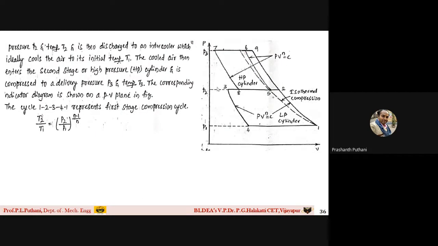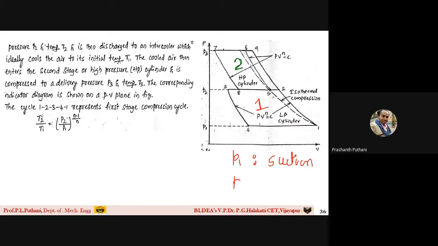Yes, as I was saying to you students, please observe this PV diagram, everybody. Say this is cylinder number 1, first stage compression, and say this is the second stage compression. Now for the first stage compression, students, P1 is the suction pressure, or you can say the inlet pressure.